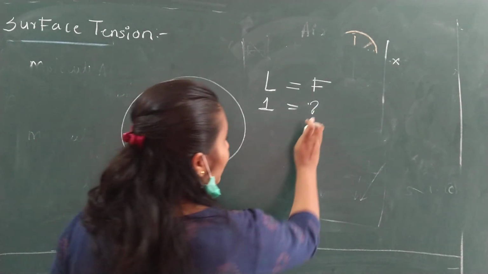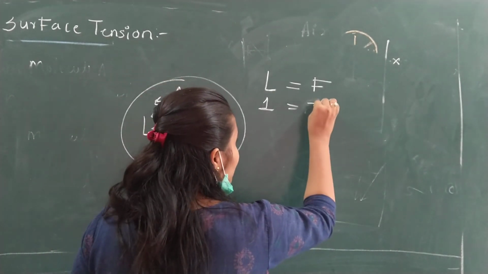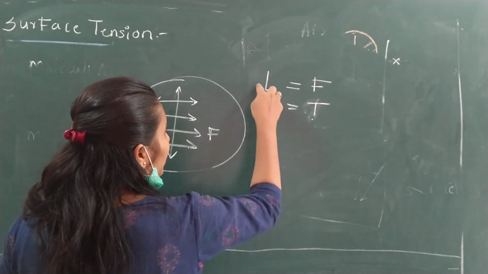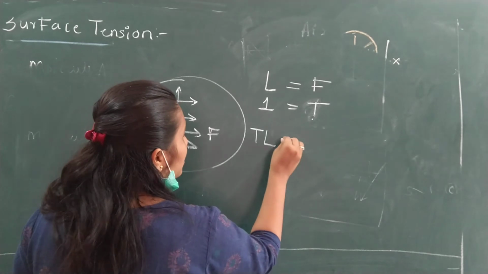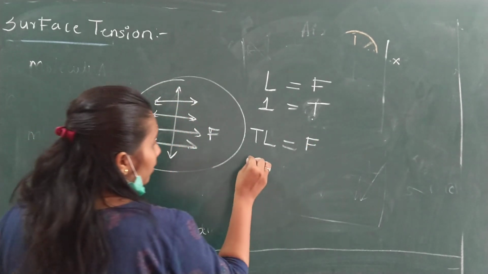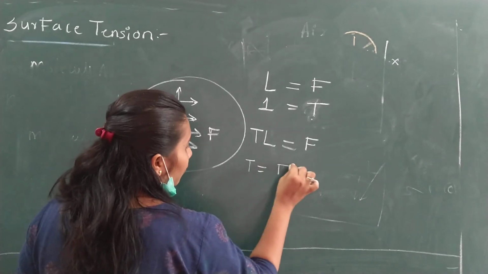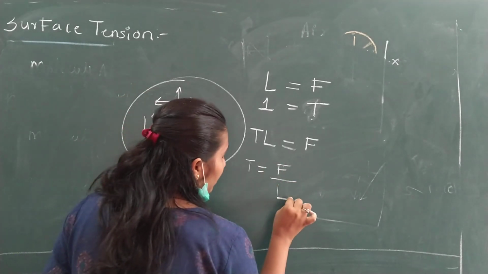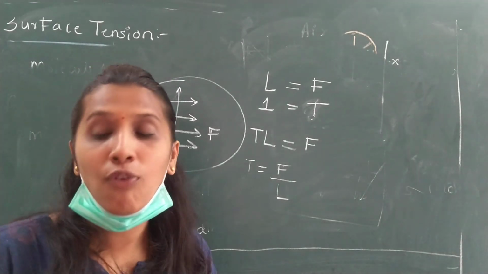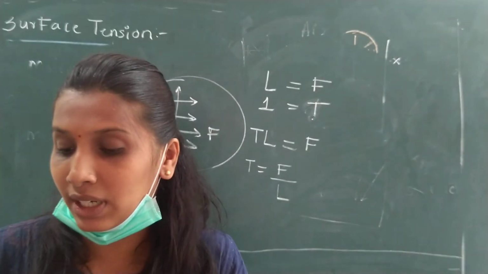That force is nothing but surface tension, denoted by T. If you cross multiply, it will look like T into L is equal to F. And now T will be nothing but force per unit length. So I can define surface tension as force per unit length.